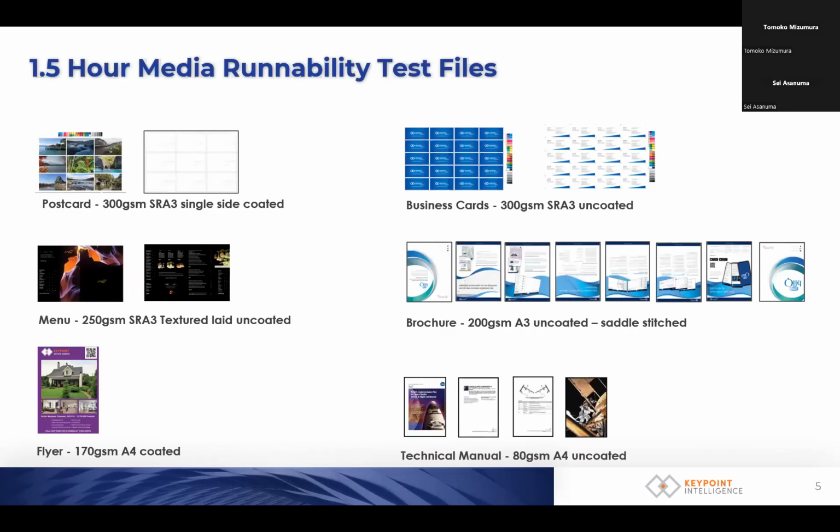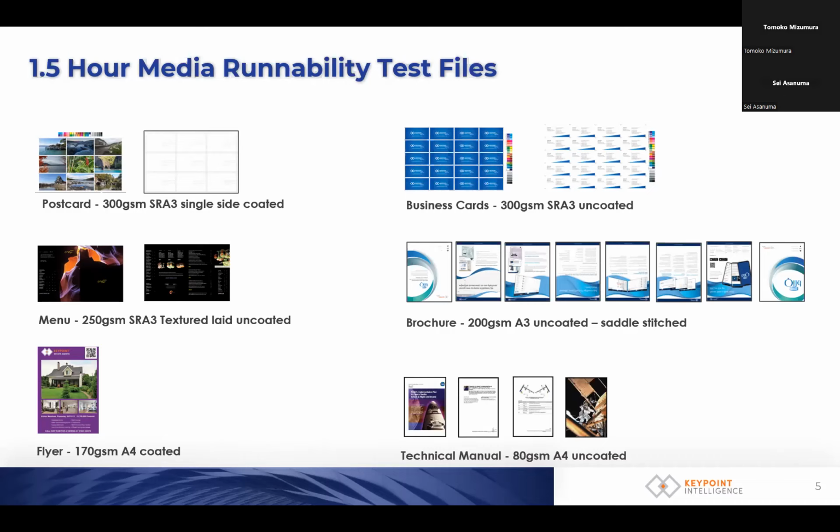Okay, this page is about that 90 minute long run test. So now you see those 6 different kinds of thumbnails. These are exactly the targets we will use for that 90 minute runnability test. You can see applications such as a postcard or a business card, also some very fashionable menus, and also flyers.